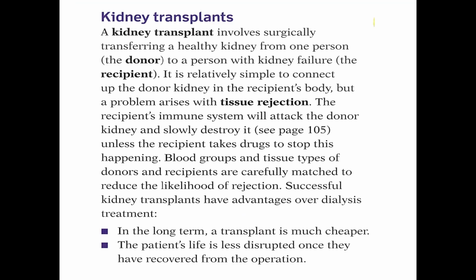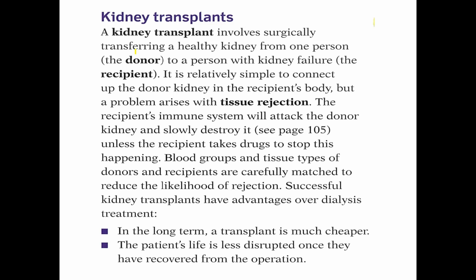The second way is kidney transplant. What do we mean by kidney transplant? It's taking a kidney from a healthy person and giving it to a person who has problems with the kidney.